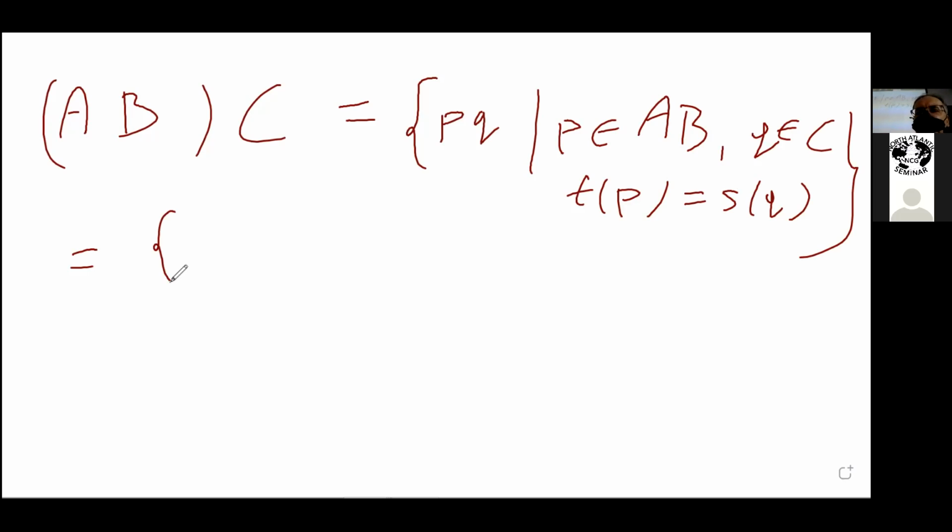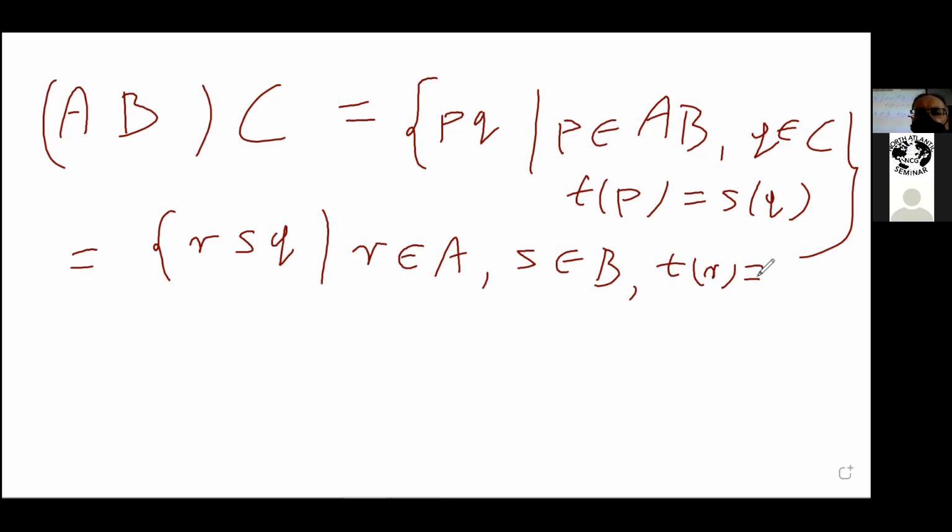I write P as, I don't know, RS. So these are all such RSQs that R is in A, S is in B, T of R is equal to S of S, which is a bit ridiculous, but I hope you can forgive me.